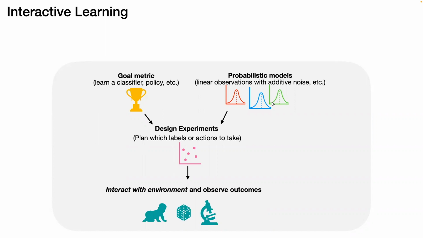How is the world interacting with your data and with your model? Then given this goal metric and probabilistic models, you look at what experiments you can make, and you choose ones that are going to give you the most information. Once you decide what measurements you're going to take, you interact with that environment and observe your outcomes. And then the adaptive part is that you update your set of hypotheses or probabilistic models and repeat this closed loop.